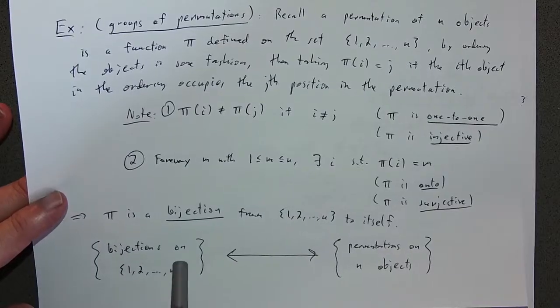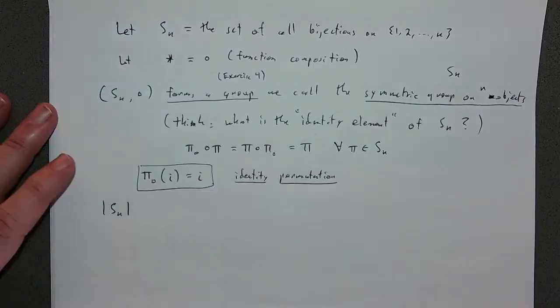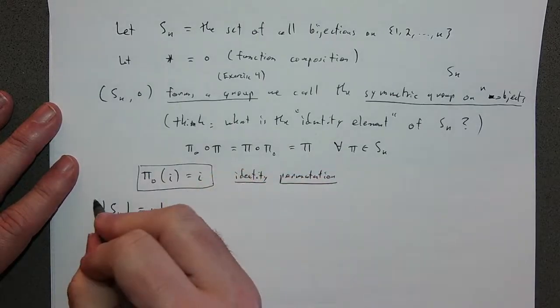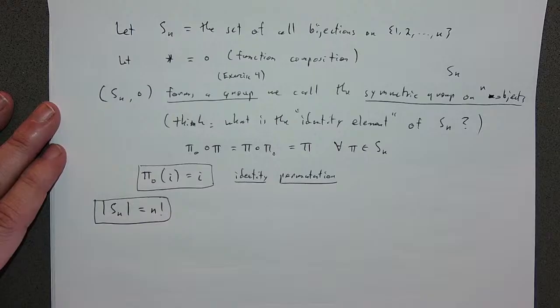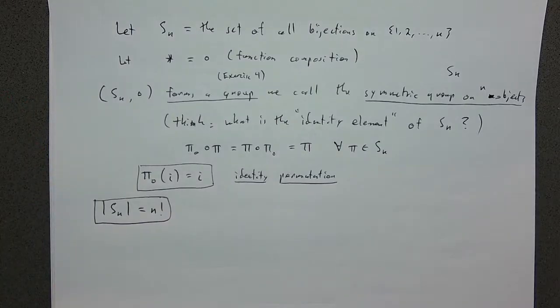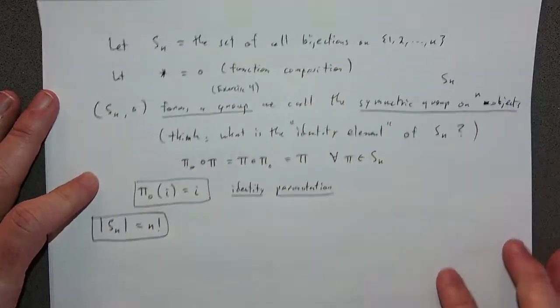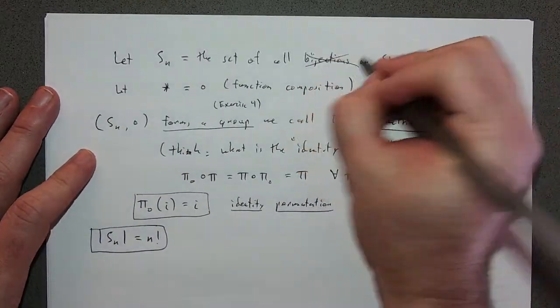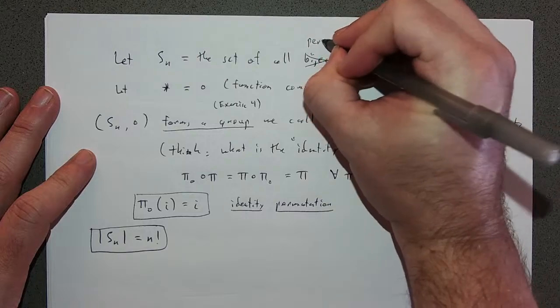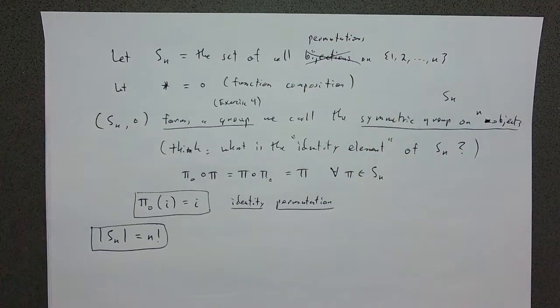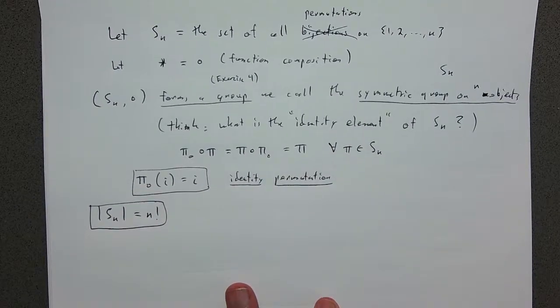So this is really asking how many permutations there are on n objects, but we know that well. That's n factorial. So even though we've defined this as the set of all bijections, we're going to interchangeably use the word permutations here, because ultimately there's no difference between those things.